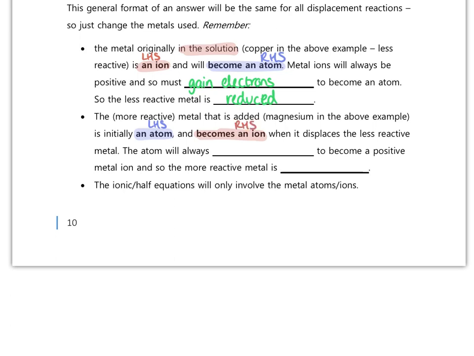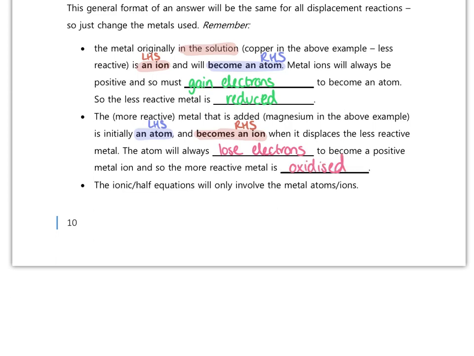If we're forming a positive ion, and remember metal ions always are positive ions, then we are going to be losing electrons. So the metal that starts as an atom on the left hand side will always lose electrons to become a positive metal ion, and so the more reactive metal, if it's losing electrons, is undergoing oxidation, and we say it has been oxidized.